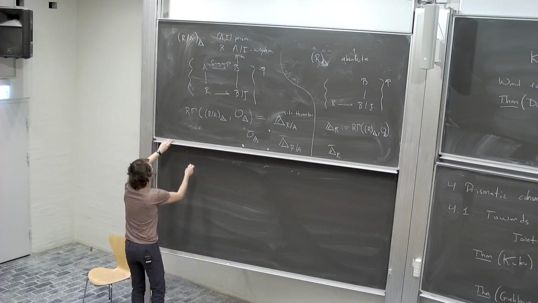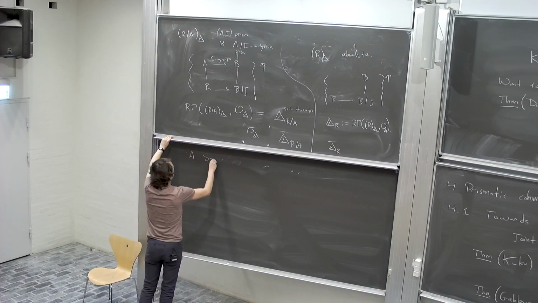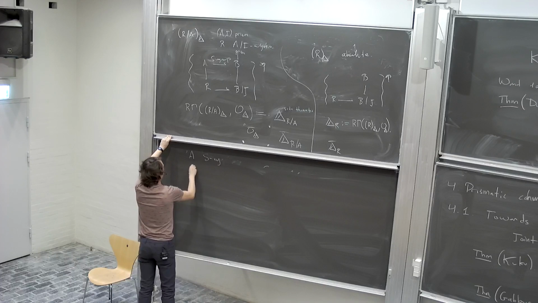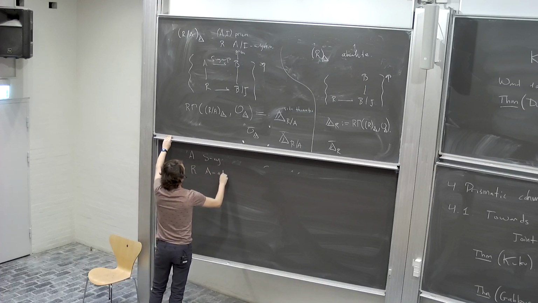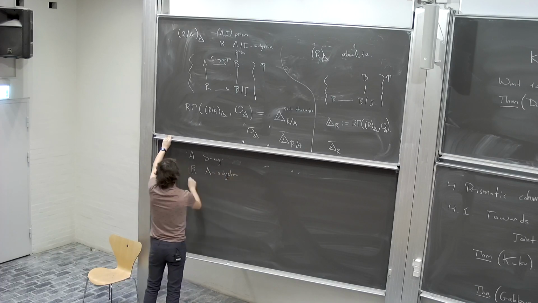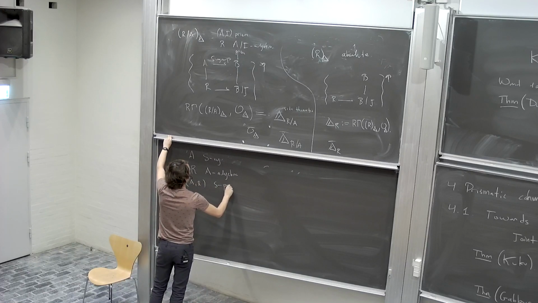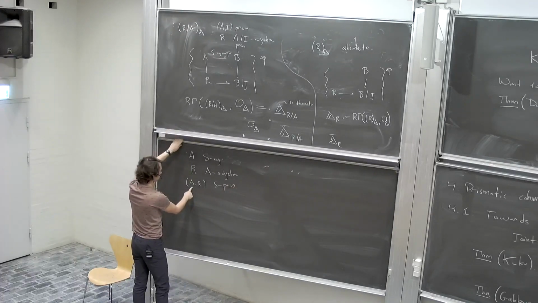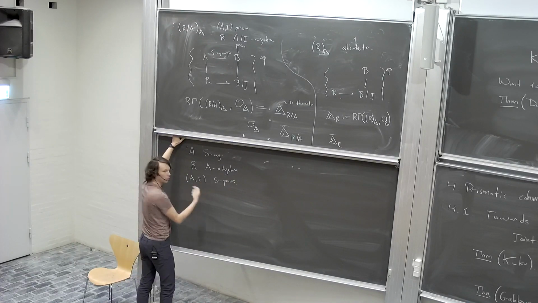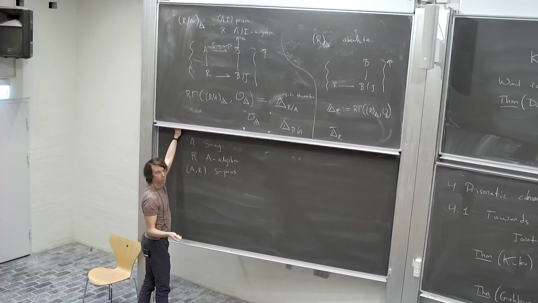Okay? So now let's just let A be a delta ring, and R a commutative A algebra. We tend to call such pairs (A, R) delta pairs. It means that A is a delta ring, and R is an A algebra. It doesn't have a delta ring structure.